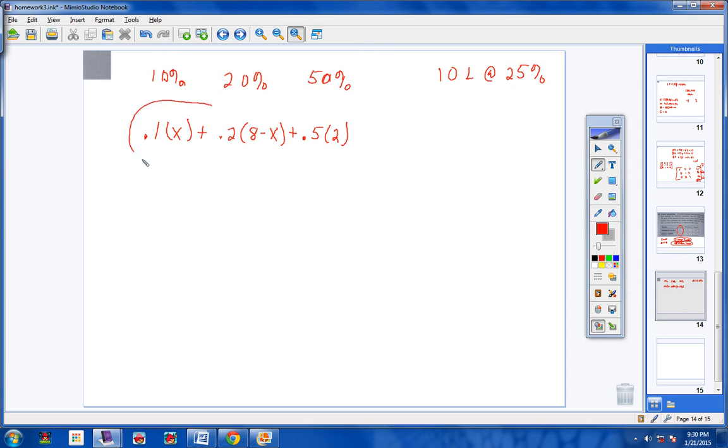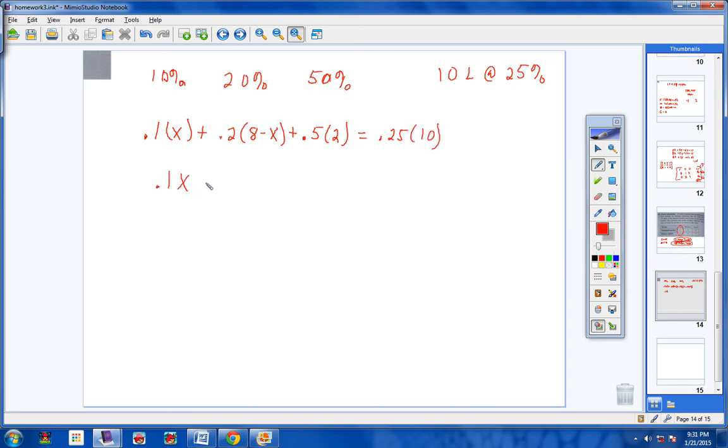So these two here have to be a total of 8 liters. I'm not sure how many liters here I'm going to use, but whatever I use over here is 8 minus my x. So I'm taking percentage times liters, percentage times liters, percentage times liters. This is all acid plus acid plus acid equals 25% acid times 10. Let's quickly solve this.